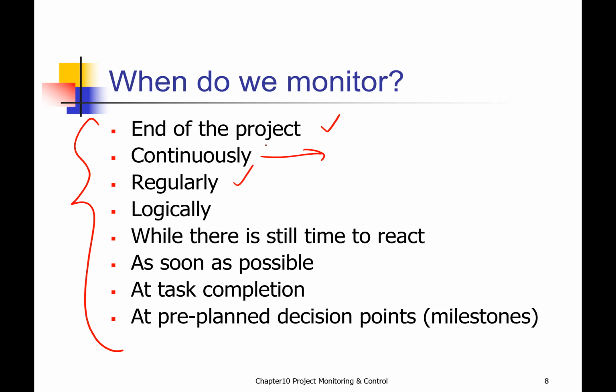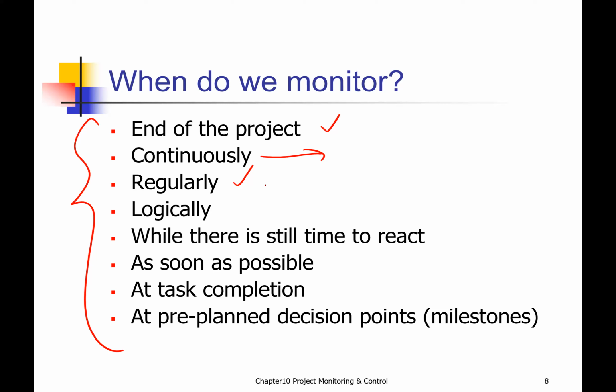Regularly, yes, you need to have some kind of interval, even to draw the S curve. Remember, the S curve is plotted against time, the period of project duration. Is it weekly, monthly?